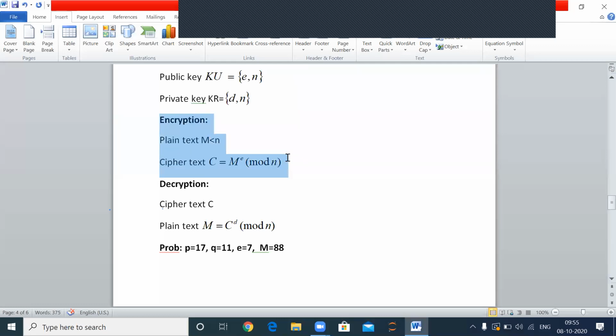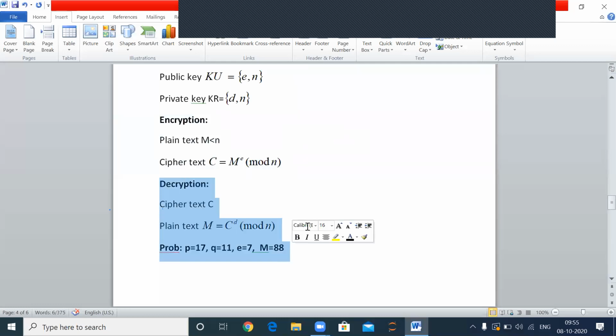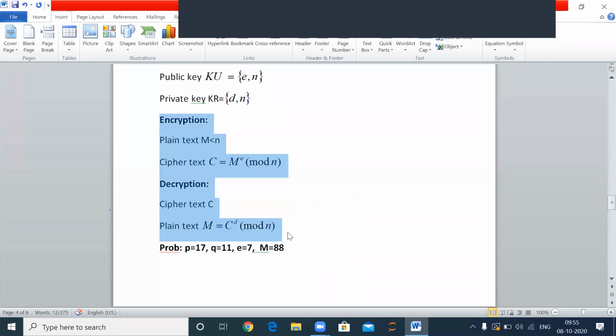I'll stop here. Next class I will continue. So your work is to perform the encryption and decryption and calculate it. The next class will continue some more related problems regarding the RSA algorithm. Right? Thank you.